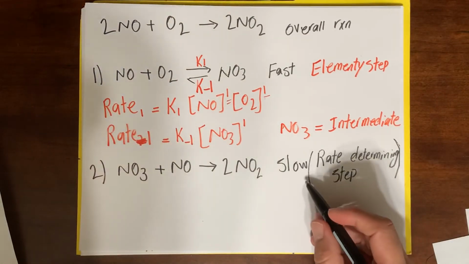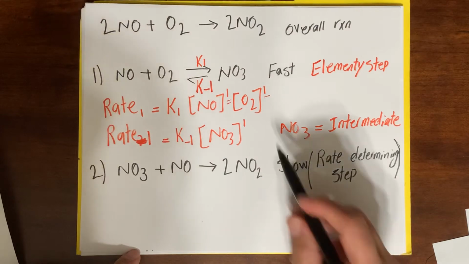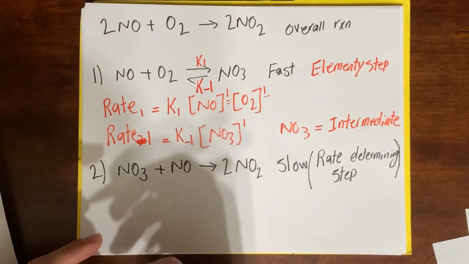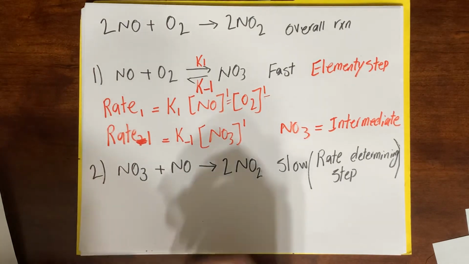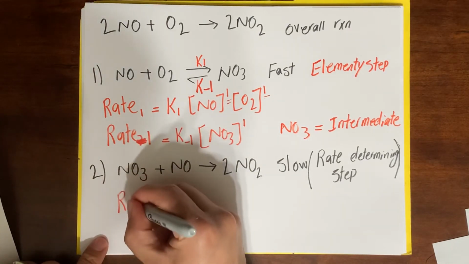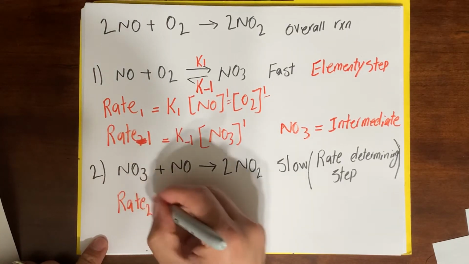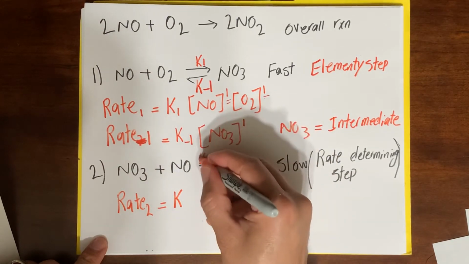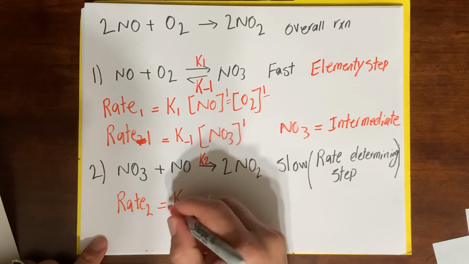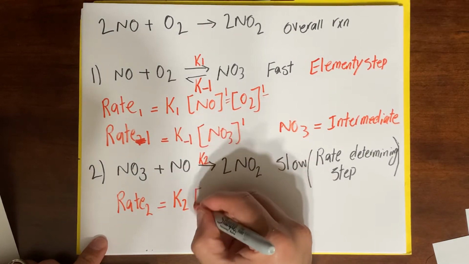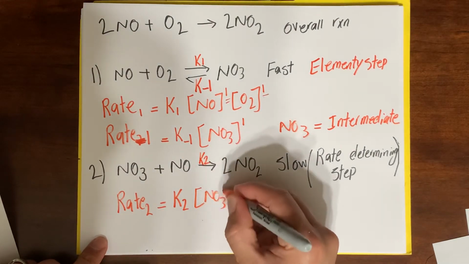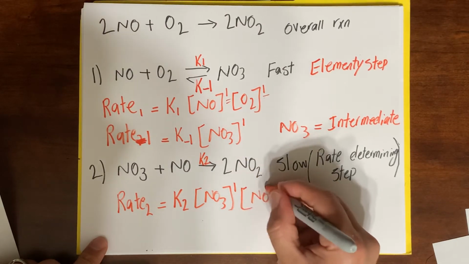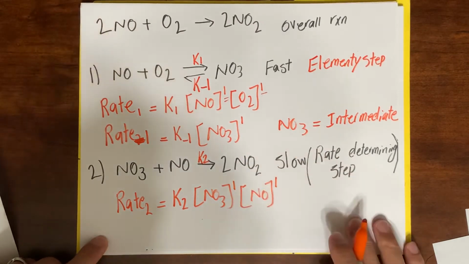So the rate law for the overall reaction will be subject to this. Rate law will be here. Let's call this one K2 multiply NO3 just 1 and NO again just 1.